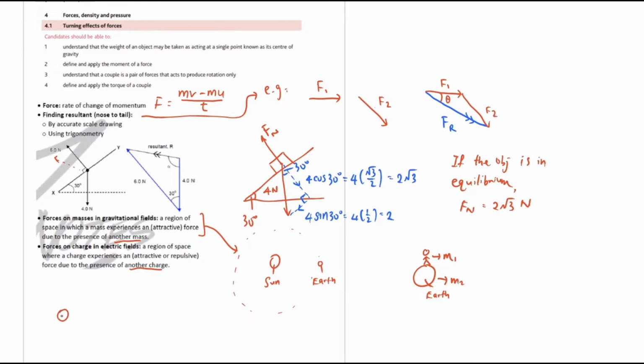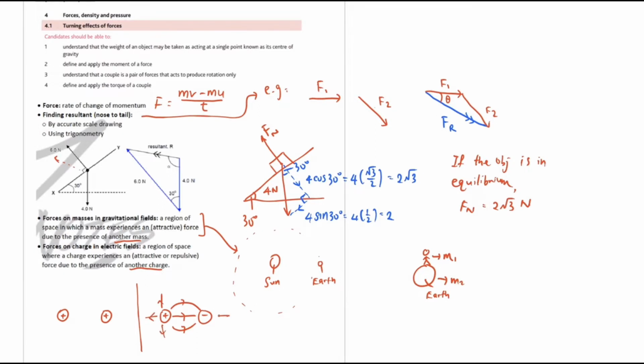For example, if you have a positive charge and a positive charge, they will repel. If you have a positive charge and a negative charge, then they will attract. Then we draw the electric field in this particular way, something like this, positive to negative, and so on.